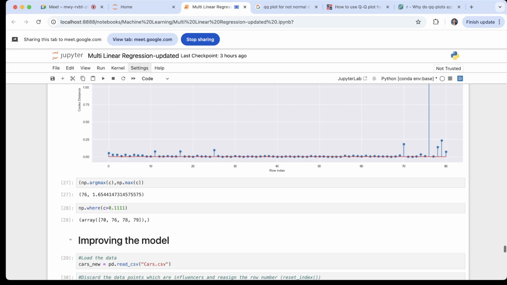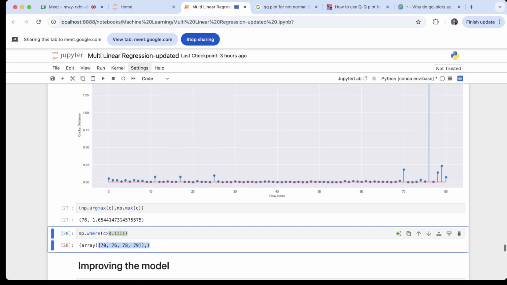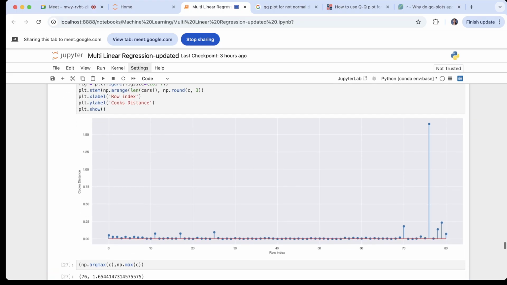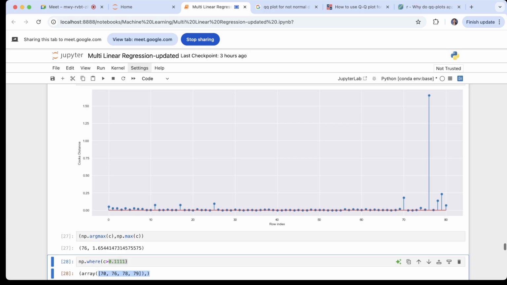Okay. So then we find the values where c is greater than the threshold that we calculated. It gave us four values. Even in the graph, we can see that there are four values: one at 70, one at 76 somewhere, 78, 79.